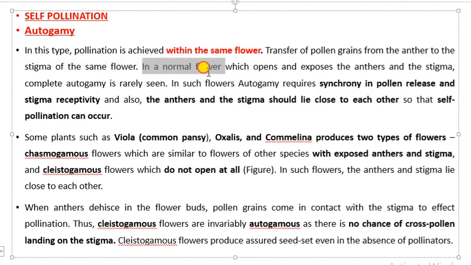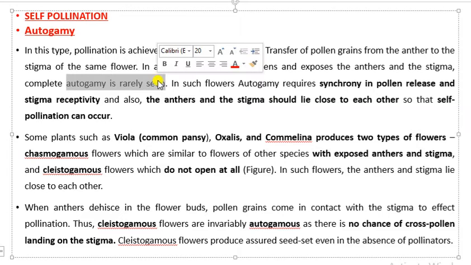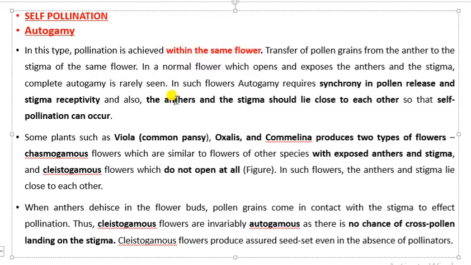So in a normal flower which is open and exposes the anther and the stigma, complete autogamy is rarely seen, because whenever there is a normal flower in which both stigma and anther are open, pollen from another plant or another flower can also come in contact with the stigma.